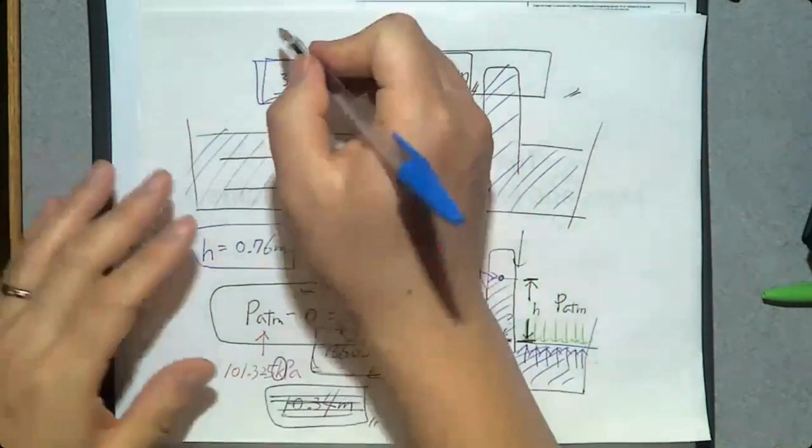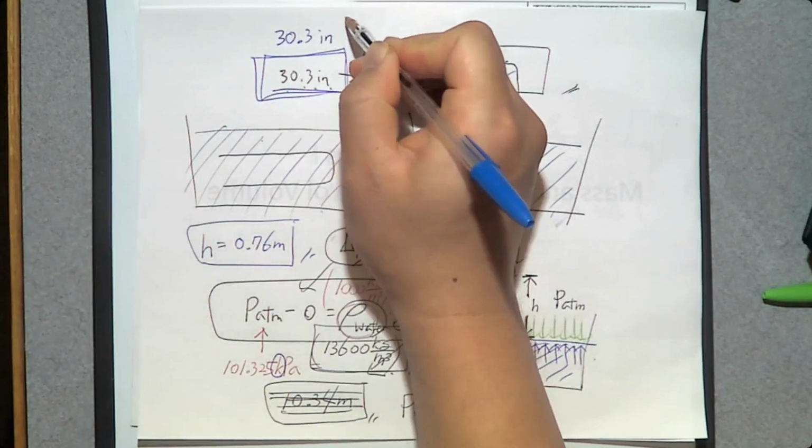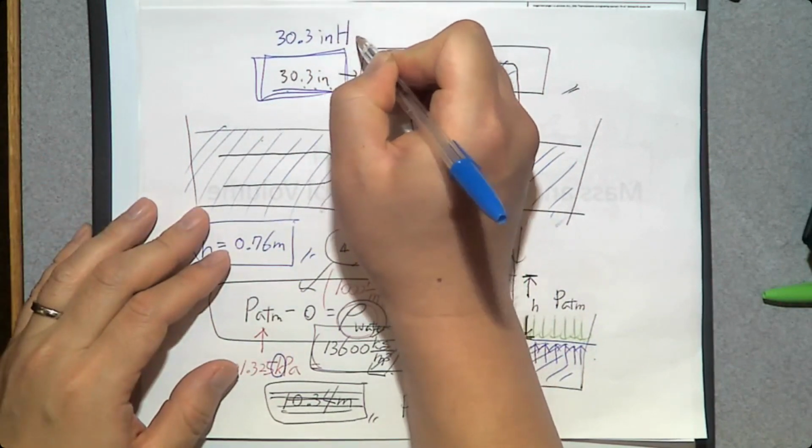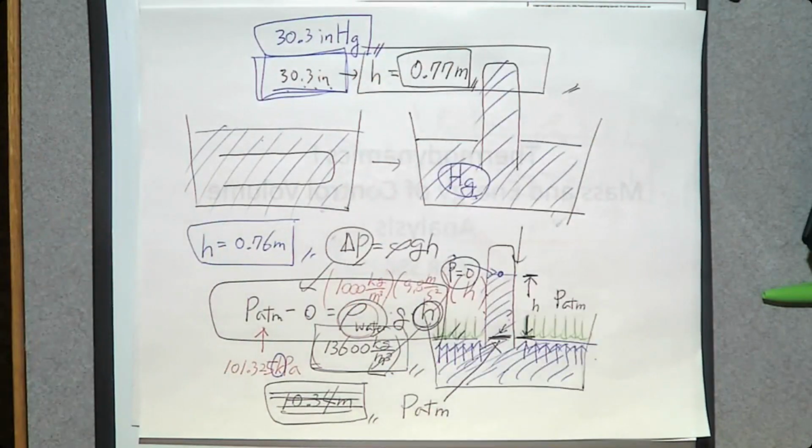In science, you have to say 30.3 inches when you use mercury in the barometer. So it's going to be 30.3 inch mercury. That should be the more accurate expression. Okay? So that's how a barometer works. Any question?